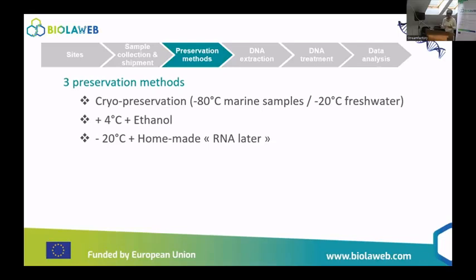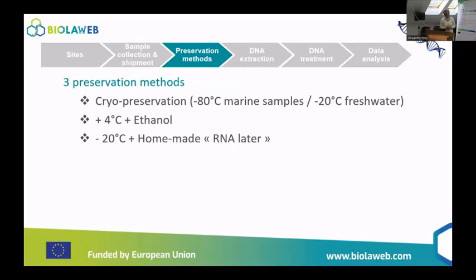We selected from the bibliography 3 different preservation methods. One was cryopreservation: for marine samples, we put it at -80, while for freshwater samples, we put it directly at -20. The second preservation method was to use ethanol and to keep the sample in a cool and dark place.